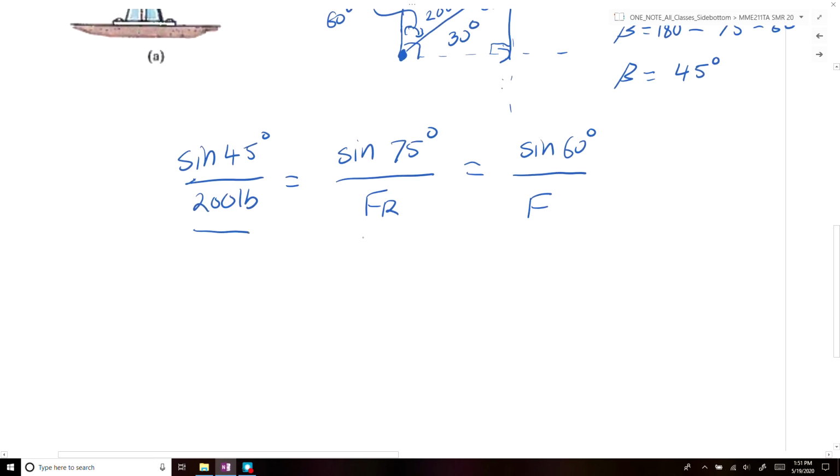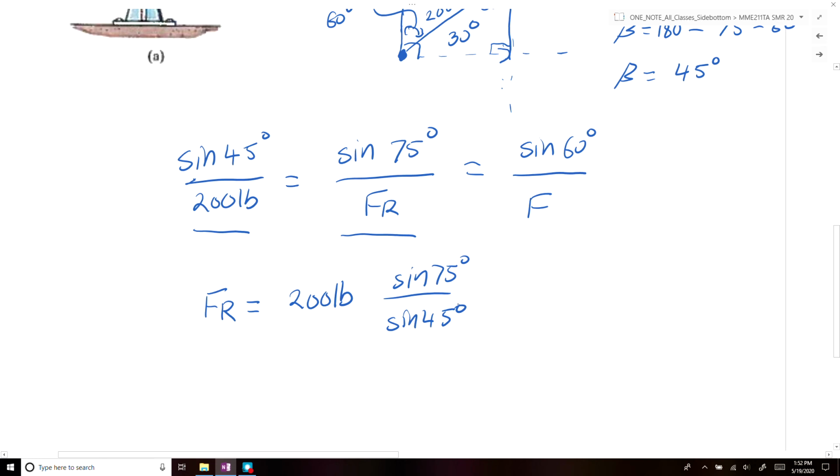If we look at just the two leftmost terms in this equation, we can solve for Fr. Fr would be equal to 200 pounds times the sine of 75 degrees divided by the sine of 45 degrees.